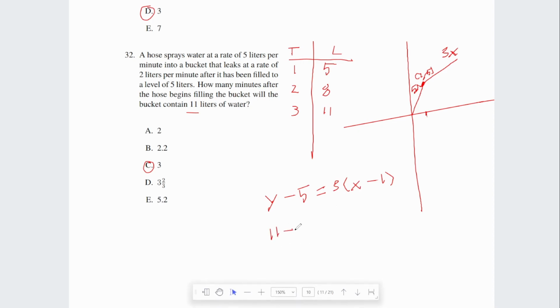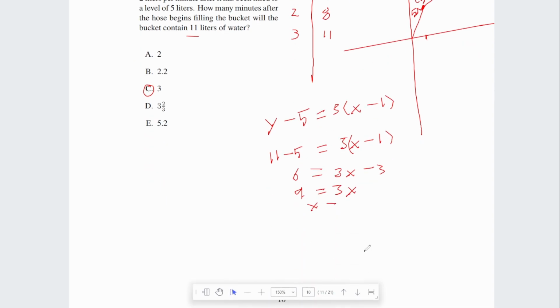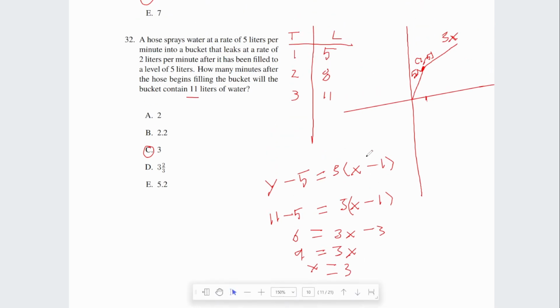So 11 minus 5 equals 3x minus 1. In other words, 6 equals 3x minus 3, and 9 equals 3x, or x equals, let me scroll down a little bit here, x equals 3. So you can solve it either way.